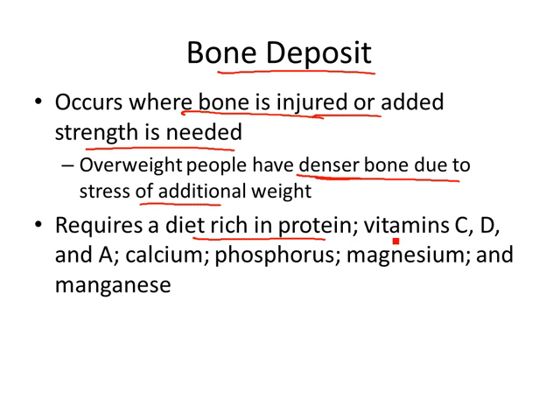You got to have vitamins C, D, and A. You have to have a diet rich in calcium and phosphorus, because remember calcium and phosphorus together make hydroxyapatite. That's those salts that are hard in bone. Magnesium and manganese. So these are some things you have to have in your diet in order for your bones to be strong. What type of food provides those last four?